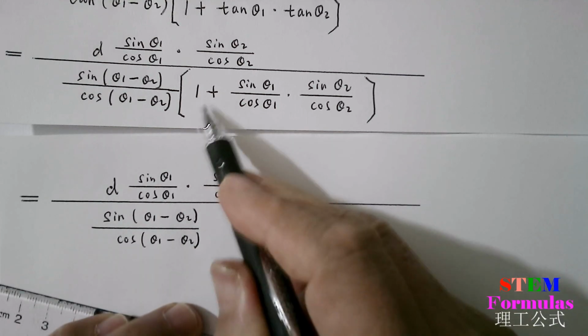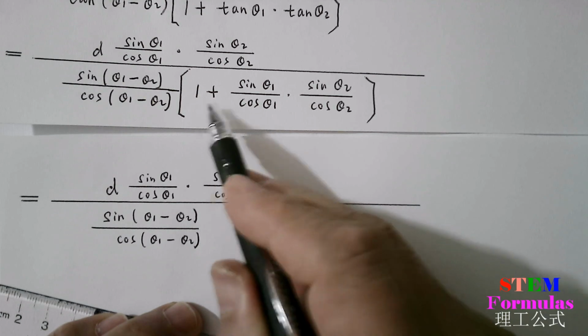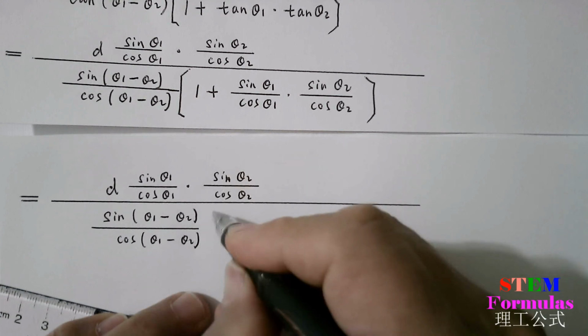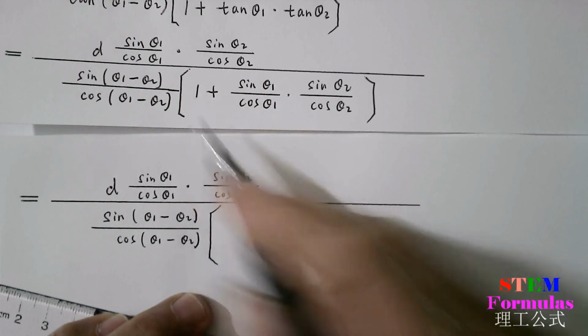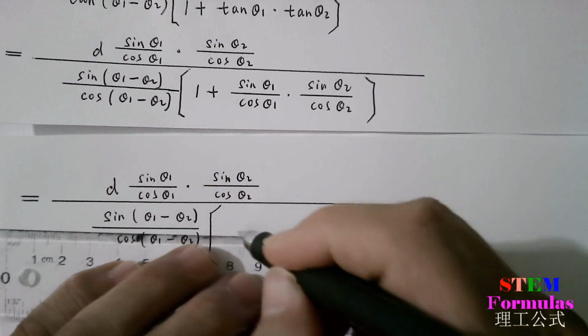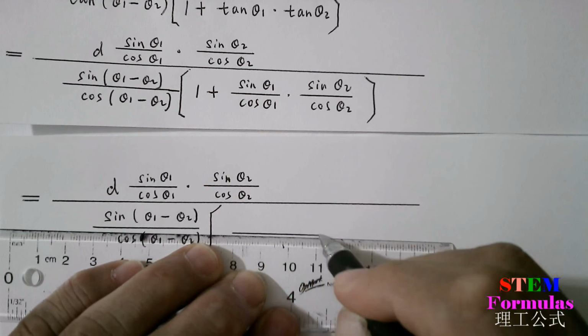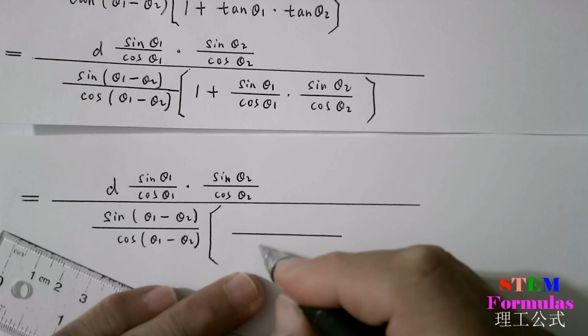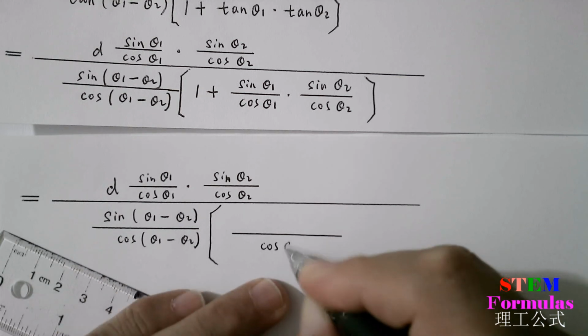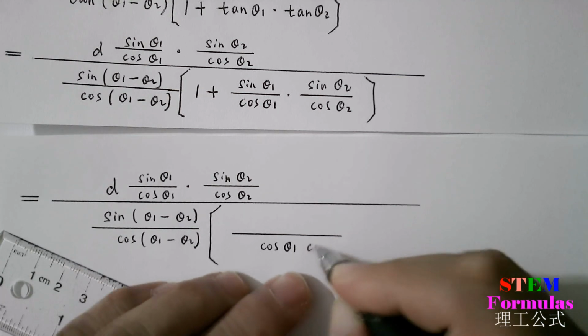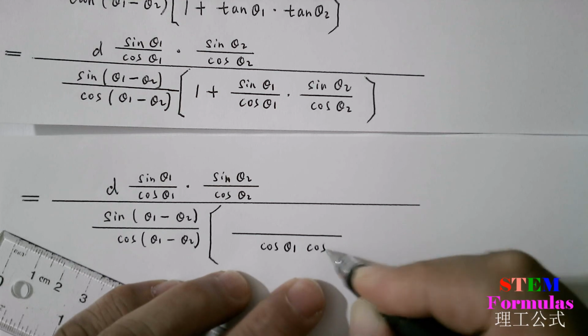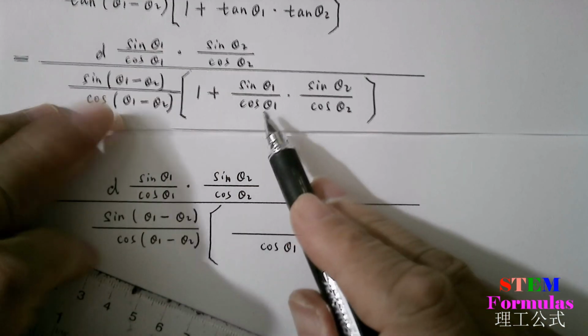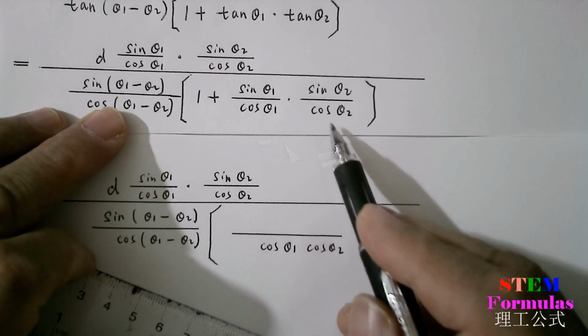Now this one I need to make a common denominator, so I write 1 equal to, I can change to, cosine theta 1 cosine theta 2 over cosine theta 1 cosine theta 2.